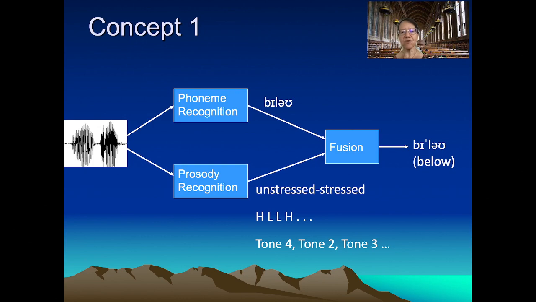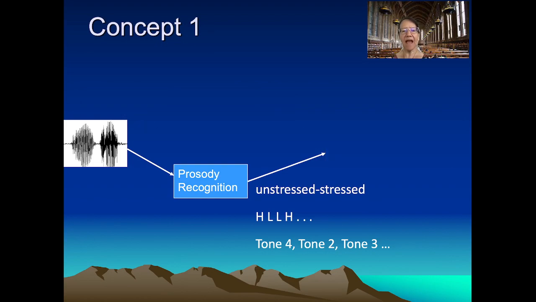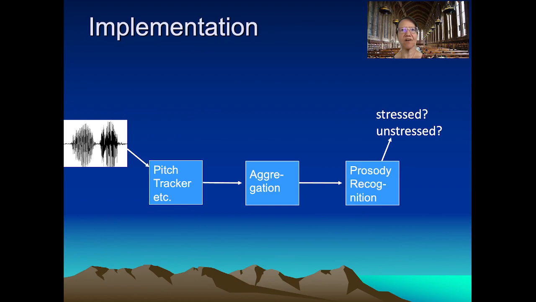So let's look at a strategy now for addressing this. So one way we could deal with this is by drilling into this prosody recognition approach. And how can we do that? Well, we can do this using the types of prosodic cues and prosodic features that we've seen in the last few lectures. So we can extract frame level features using things like a pitch tracker.